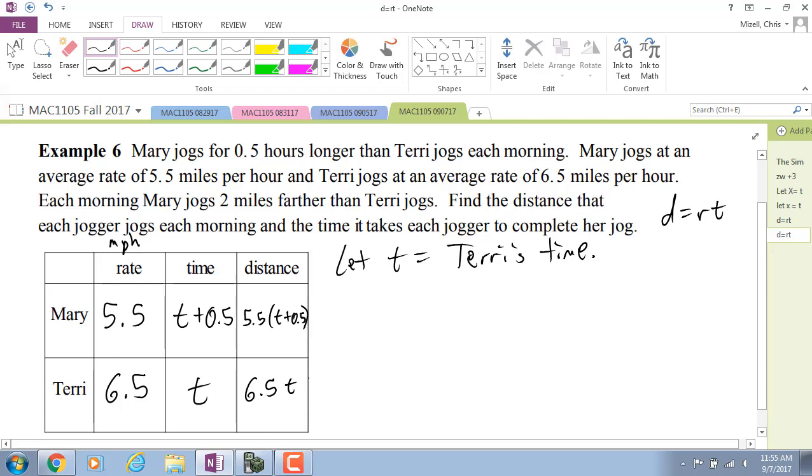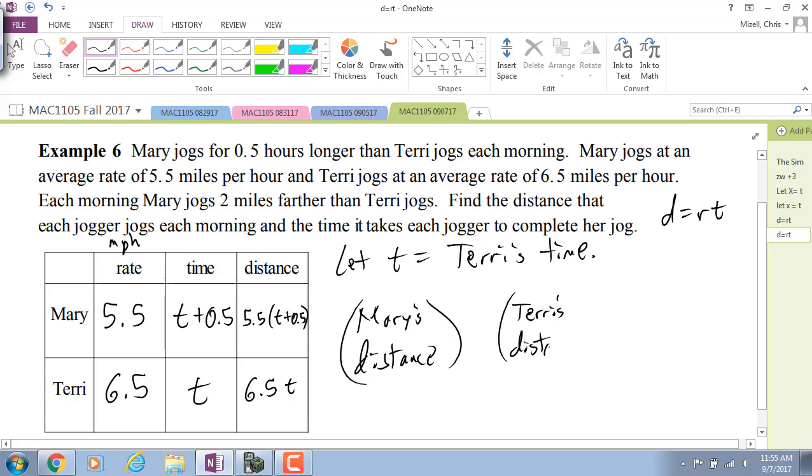Now, at this point, we use that same relationship between their distances that we had in the previous problem. Mary's distance, and then there's Terry's distance, and they're not equal. Mary jogs 2 miles farther than Terry jogs, so Mary's distance is greater by a couple of miles.